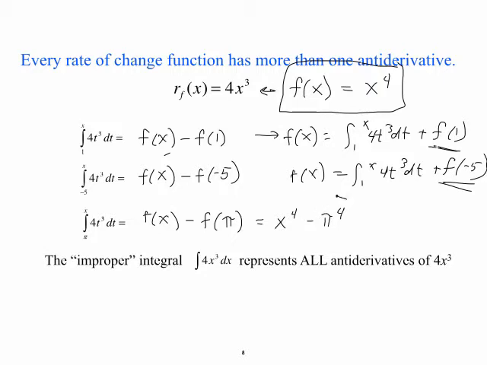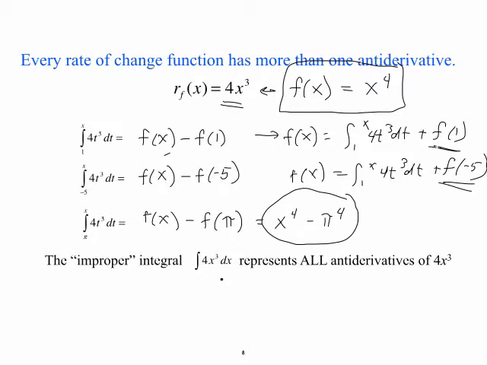Because if I take the derivative of this, the derivative of pi to the 4th is 0. So I just get 4x cubed, okay? Whereas up here, it would have been x to the 4th minus negative 5 to the 4th. And up here, it would have been x to the 4th minus 1. So those are three different antiderivatives for this rate of change function, okay?